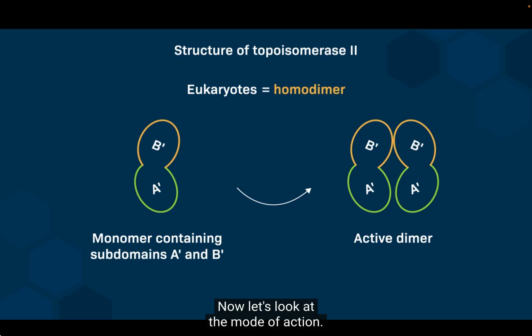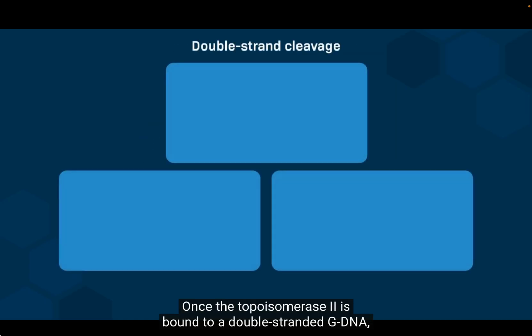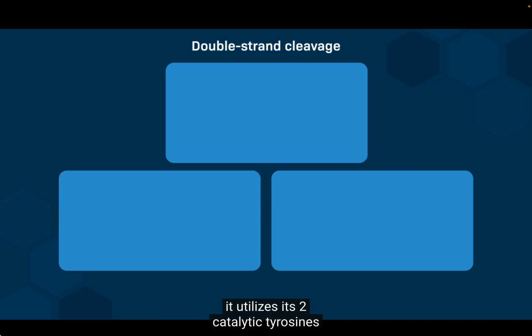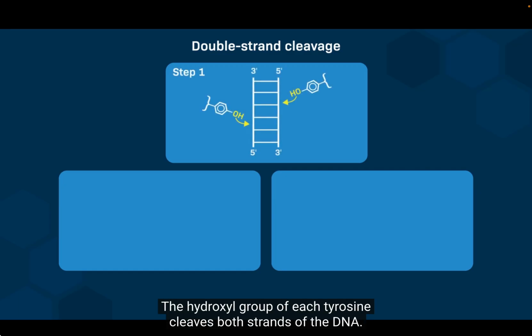Now let's look at the mode of action. Once the topoisomerase II is bound to a double-stranded gDNA, it utilizes its two catalytic tyrosines positioned on each side of the DNA molecule. The hydroxyl group of each tyrosine cleaves both strands of the DNA.